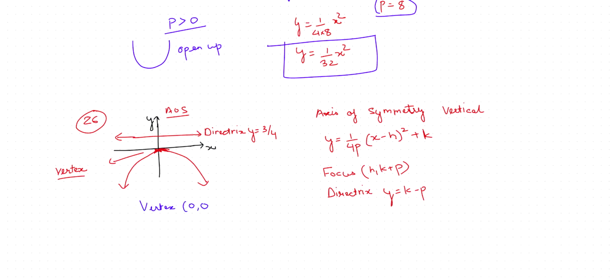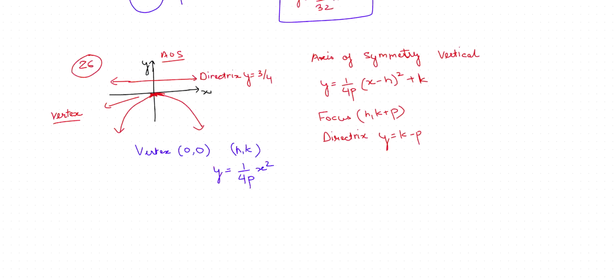So the equation of the parabola would be y equals 1 over 4p x squared, and we have to find the value of p.